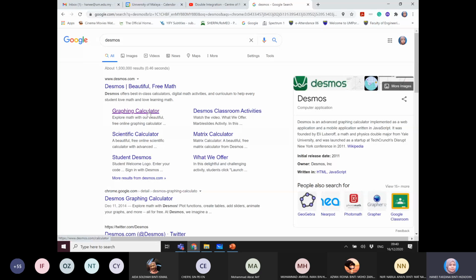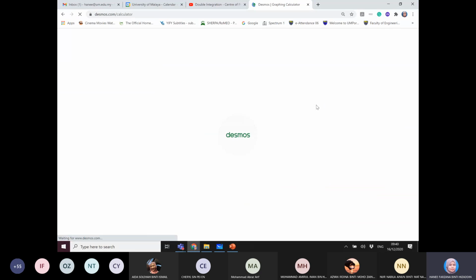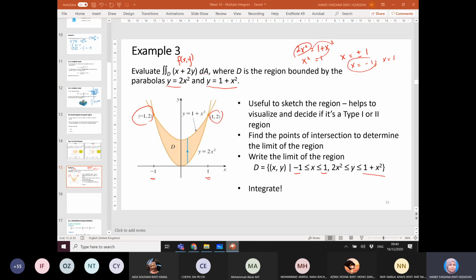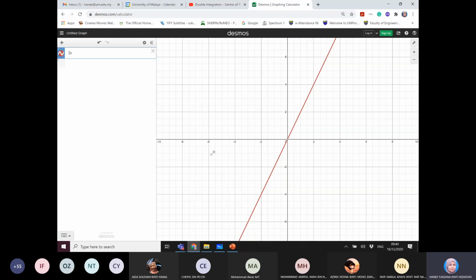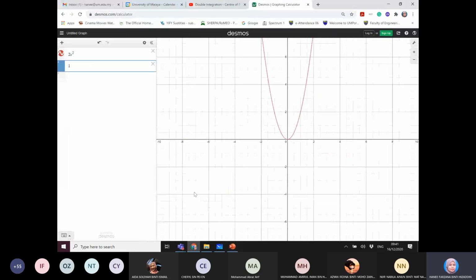Yeah, this is a smart way of drawing the region of integration. So you can straight away go to, is it this one? Okay, so what do you put here? 2x squared. And how do we add another one? 1 plus x squared.